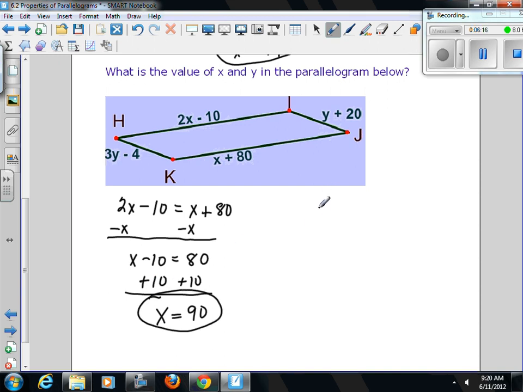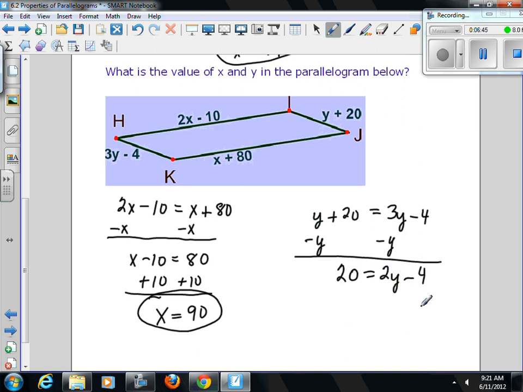Now you're also asked to find the value for y. Well, the other opposite sides, of course, are also congruent. So we know that y plus 20 and 3y minus 4 must be equal to each other, which gives us yet another equation to solve. We want to get all the y's on the same side, so let's subtract y from each side, and we get 20 is equal to 2y minus 4.